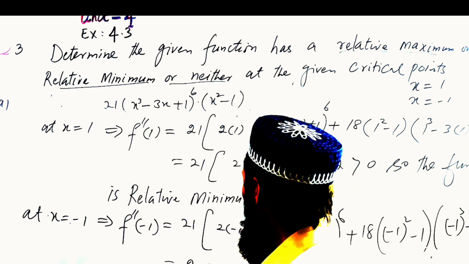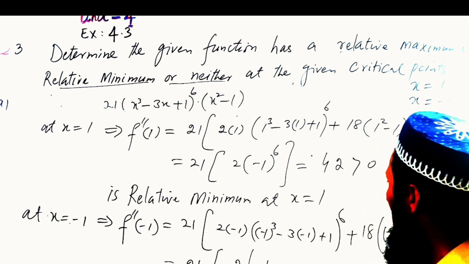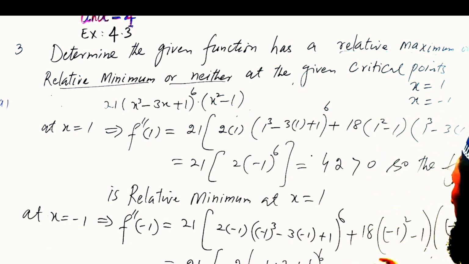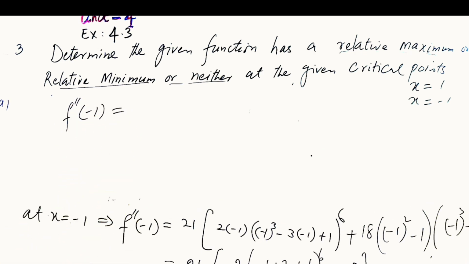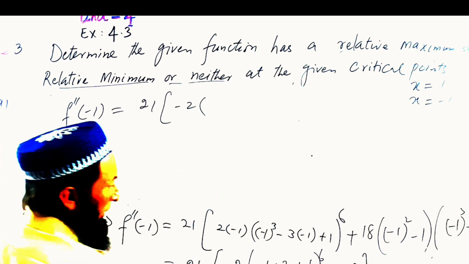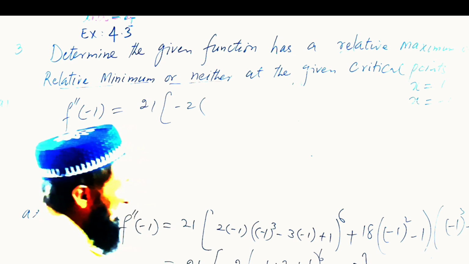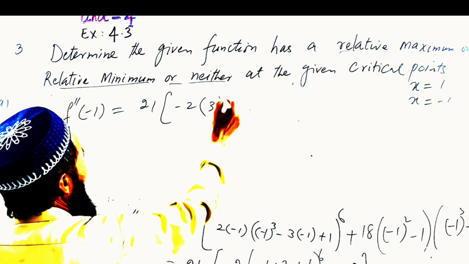We get here 21 and minus 2, this is minus 1 minus plus 3 and plus 1 whole power 6. This term, according to this condition, minus 1 whole square is 0. So f double dash of minus 1 is equal to 21 minus 2 and 2, we get 4, and 4 minus 3 to the power 6.